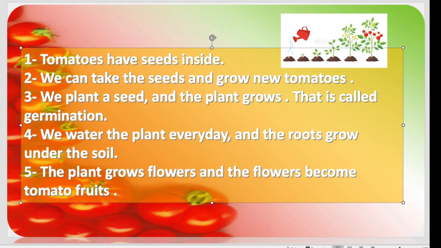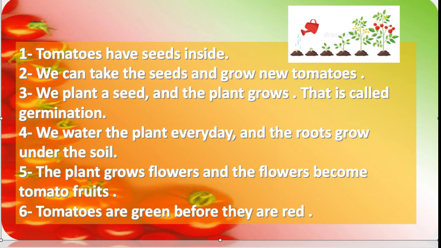So step number 6: tomatoes are green before they are red. That's right. Before tomatoes turn red and we can eat them, they are green. I have a question for you here.